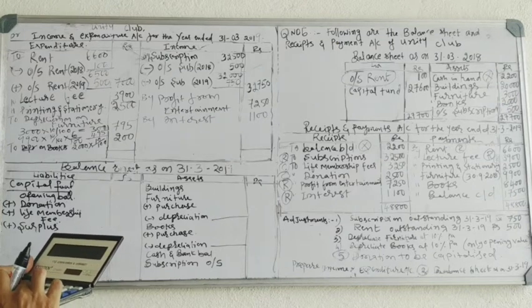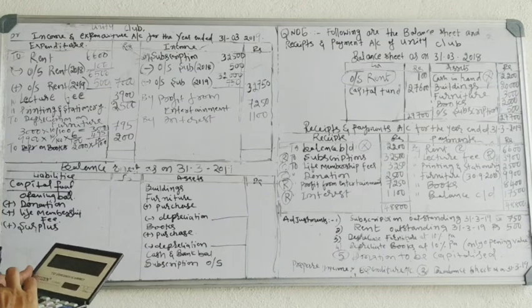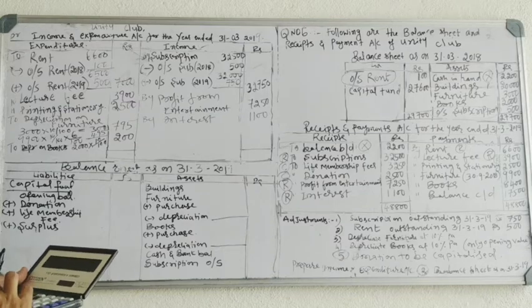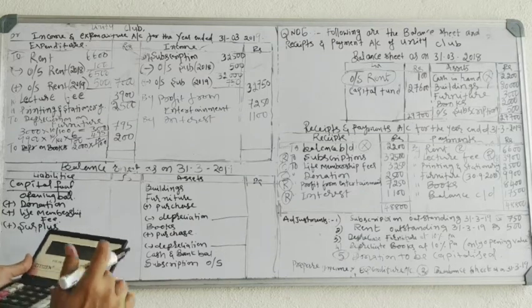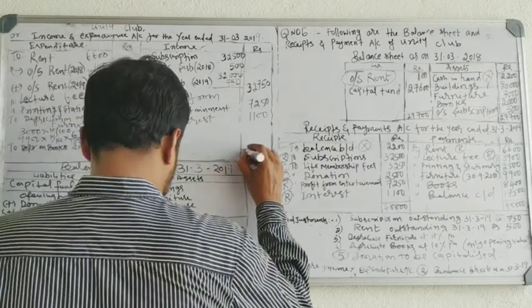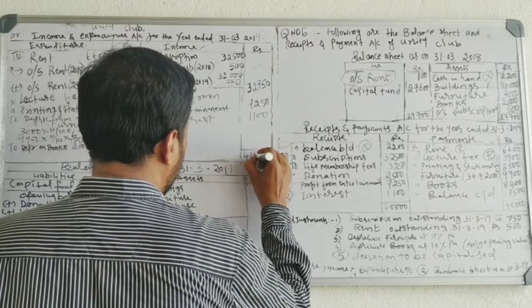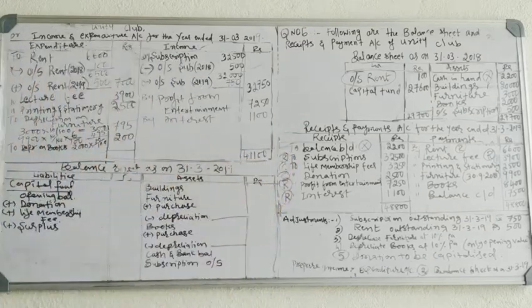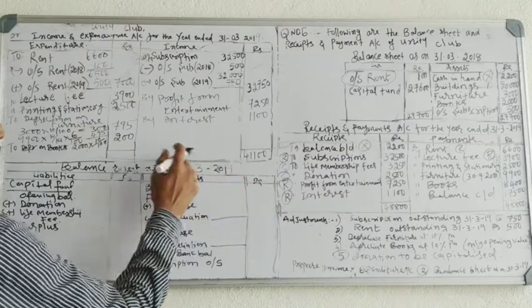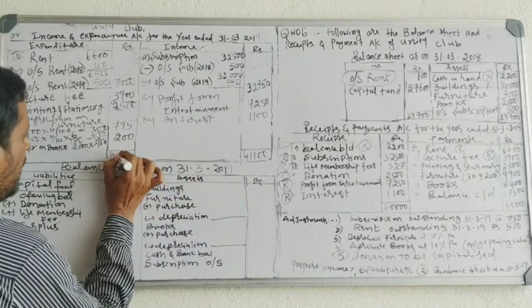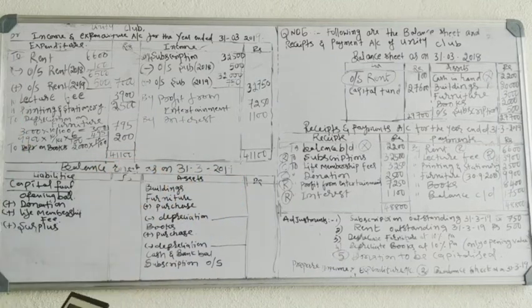32,750 plus 7,250 plus 1,100. Total of the income side is 41,100. Right here also 41,100. From 41,100, you have to deduct all the revenue expenditure.